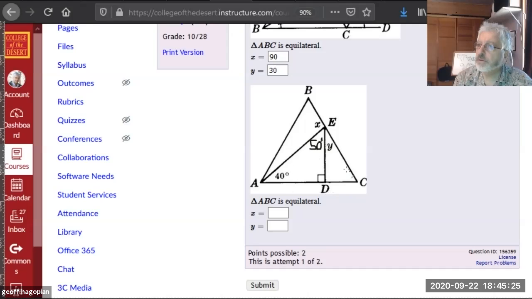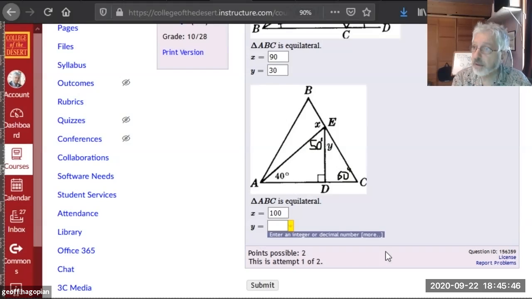We know this is equilateral, so this is 60, which means that Y is 30, which means that X is 100. Right? Make up for taking too long with the other one by doing this too quickly.